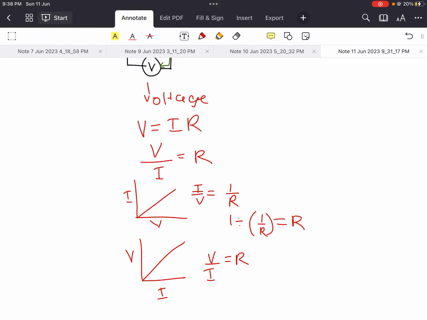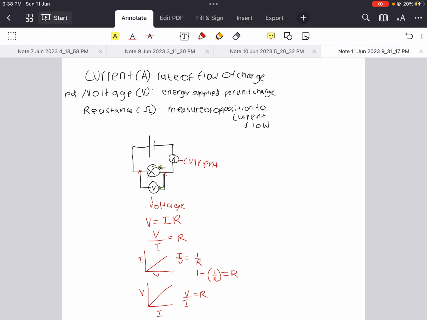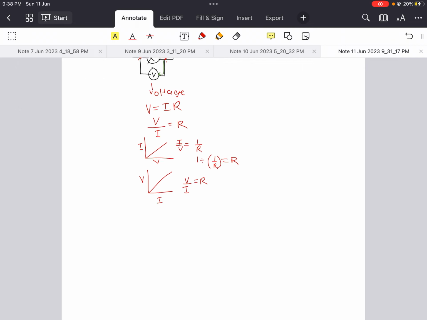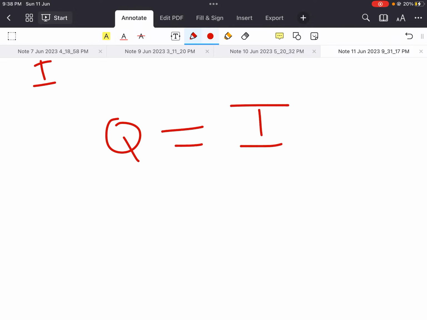Now let's go through a couple of important equations, right? As we mentioned, current is the rate of flow of charge. So can we derive an equation from that? Rate basically means per second, right?